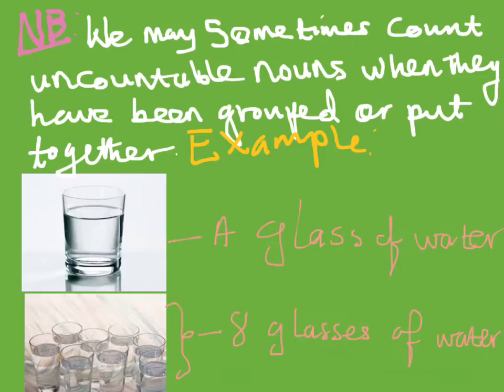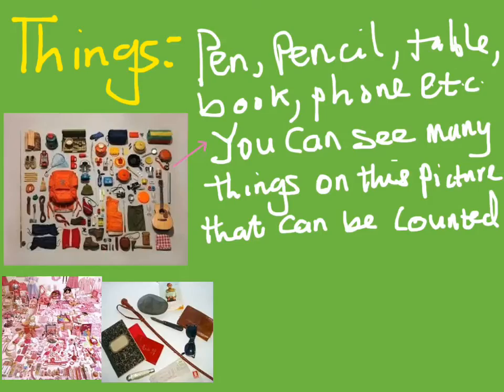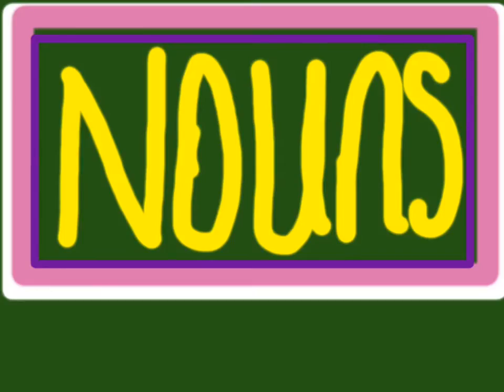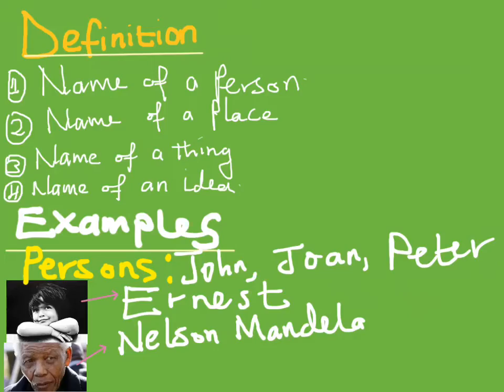That was a very brief lesson, and I hope that you have learned a lot about nouns. In this lesson, we started off by looking at what we refer to as nouns, and then we moved on to define the noun as a name of a person, a place, a thing, an idea.